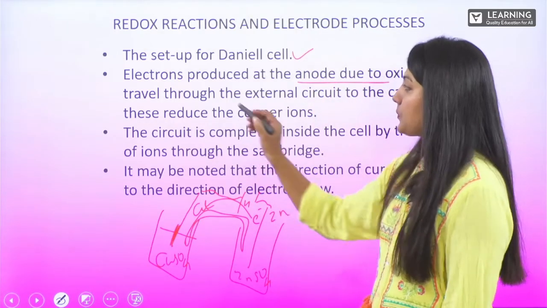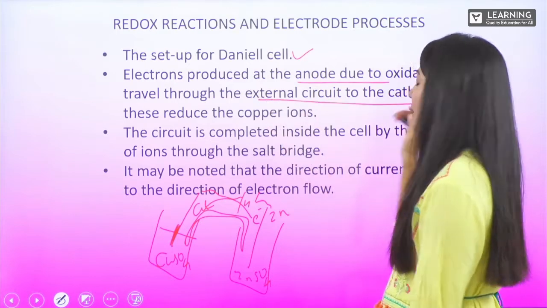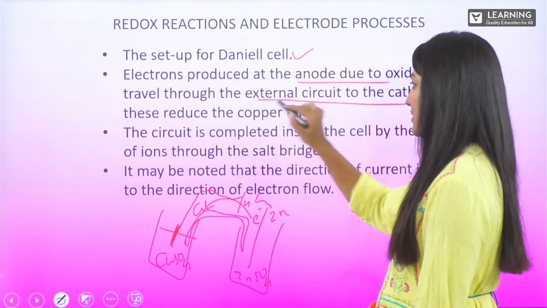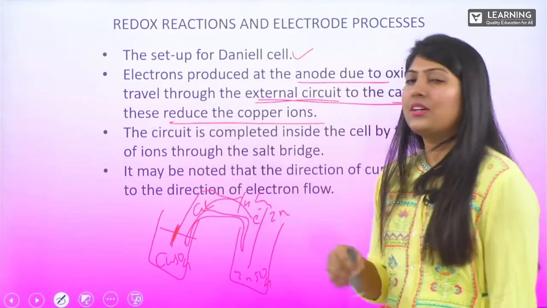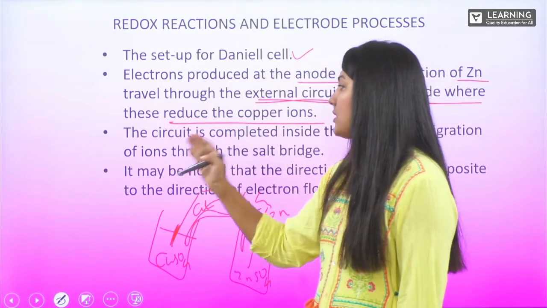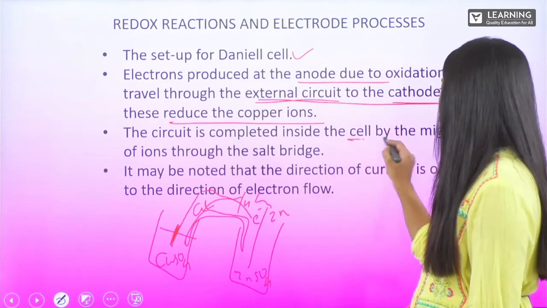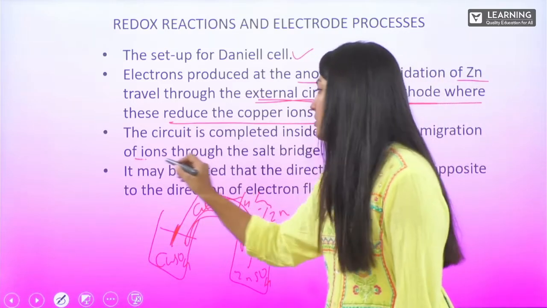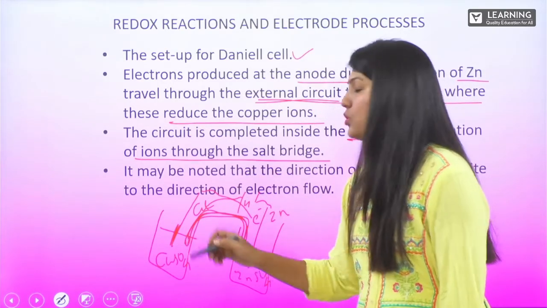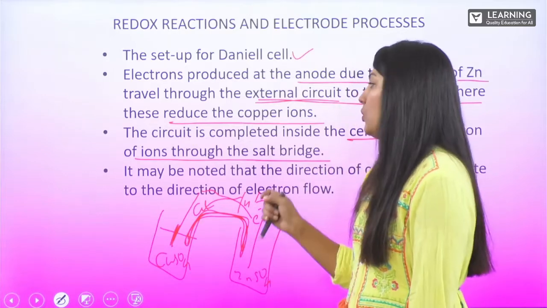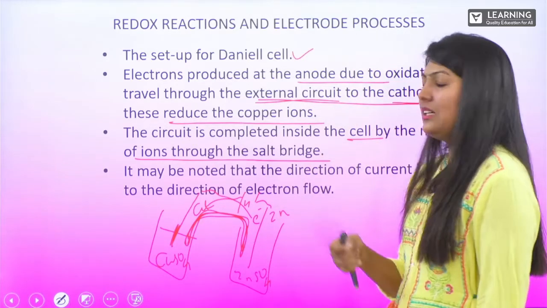So the electrons will pass through the external circuit to the cathode where the copper gets reduced. The circuit is completed inside the cell by migration of ions through the salt bridge. As I said, the salt bridge is used for the migration of ions, which helps in completing the circuit.